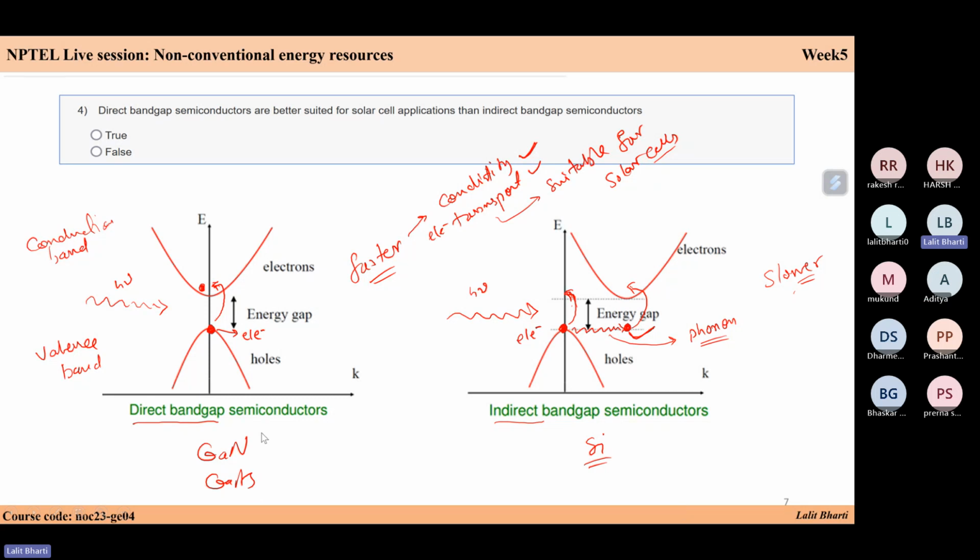That is why, even though it is an indirect band gap semiconductor, we use silicon. So if the question says silicon is mostly used in solar cells, is silicon a direct band gap semiconductor? Then the question is incorrect. It is an indirect band gap semiconductor.